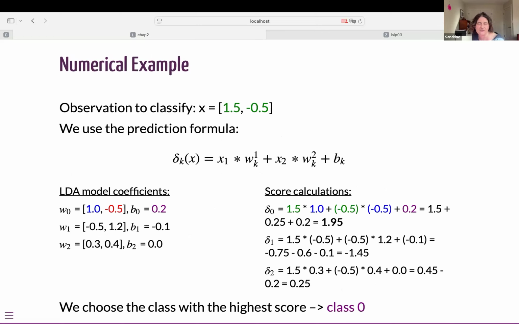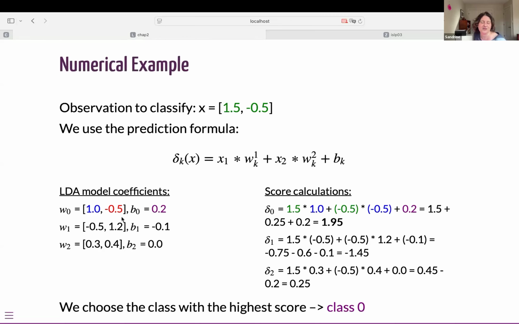Because of all the simplifications of the formula, when we remove the variance and the covariance, since it's the same everywhere, we just want to find the max. So we are computing this delta K for each class. In my case, we have 3 classes.